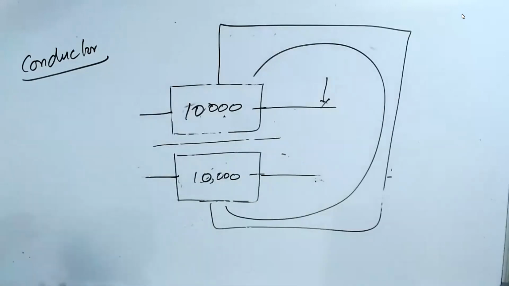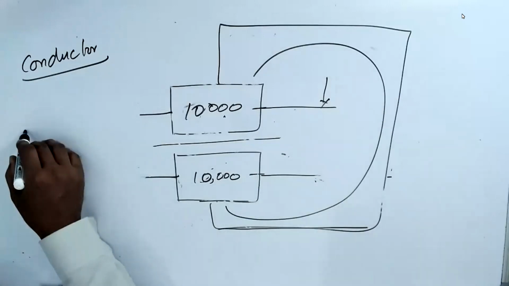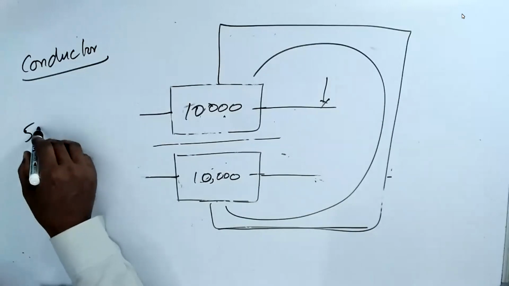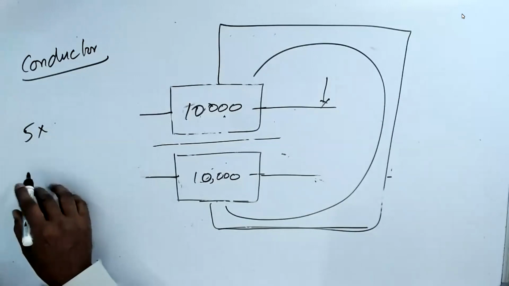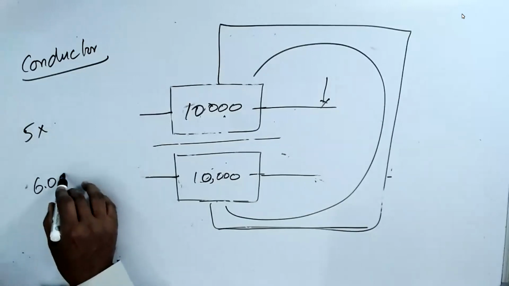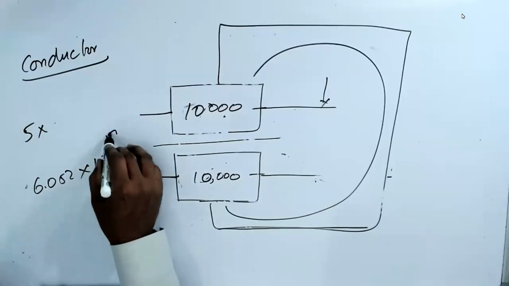For example, they say the number of electrons that can go through my pipe is 5 into, let us assume, 6.052 into 10 power 18, which is 1 unit, 1 volt.